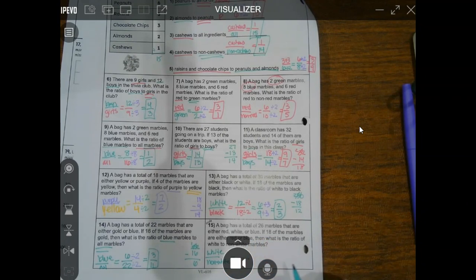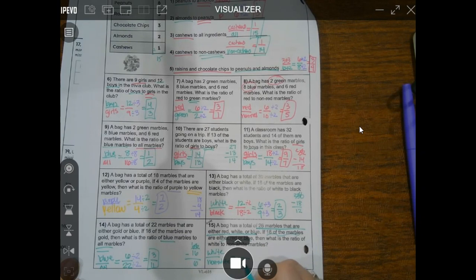Okay, so this is, 26 marbles that are either red, white, or blue. So that's the total. And then 18 are red or blue, so it's the ones that aren't white. Okay, so 18 are not white, which means that's this one.